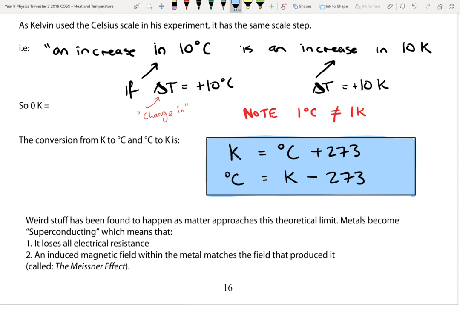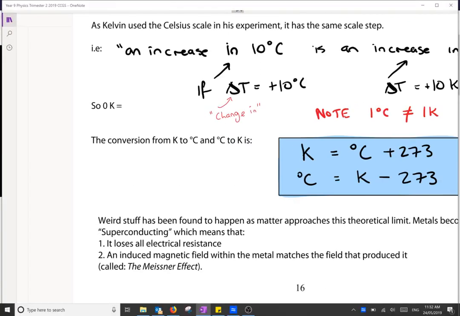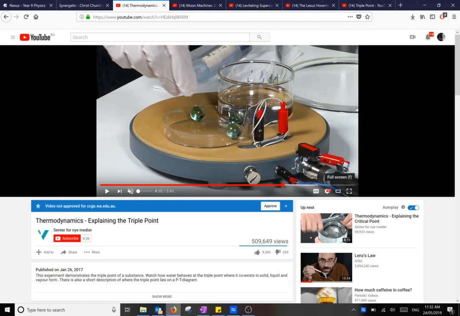But in recent times, from the 1940s, 50s and 60s to now, we've been able to get down that cold. You can get this really cool thing called superconductivity, where there is no electrical resistance, and you can get levitation. You can get some cool stuff happening. Let's watch some videos because I have spoken enough.